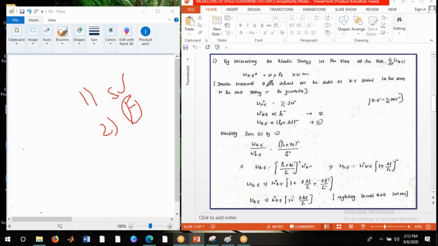Now the kinetic energy work done is given by H into PR. H is the inertia constant and PR is the real power. It means that however much kinetic energy is available on the rotor, that much real power will be generated, and its unit is kilowatt per second, right?